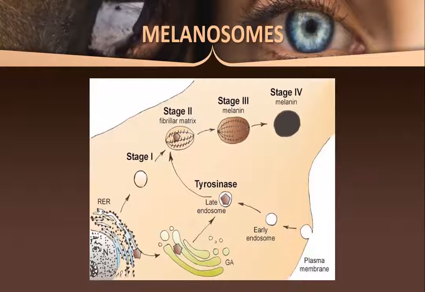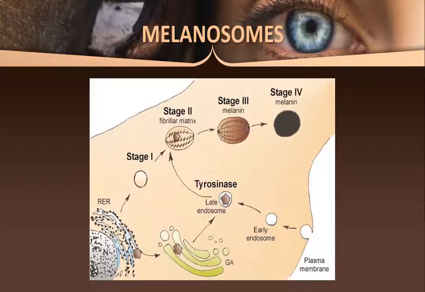They are born and mature in the keratinocytes or melanocytes, most of the time in melanocytes. First of all, they get detached from the rough endoplasmic reticulum. You can observe it in the diagram. Then they bind with the help of tyrosinase enzyme.